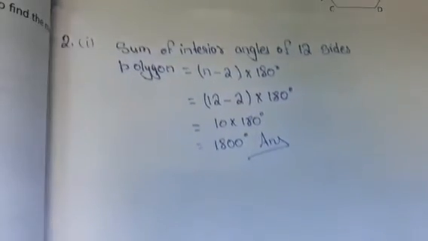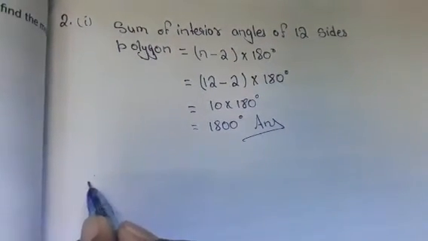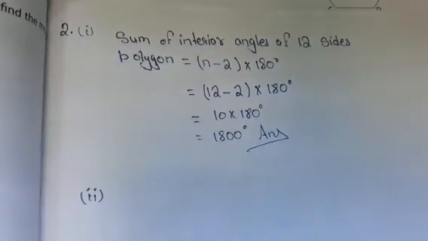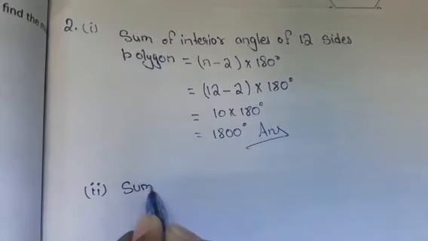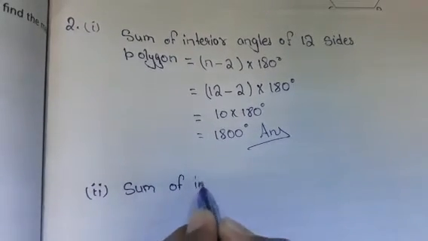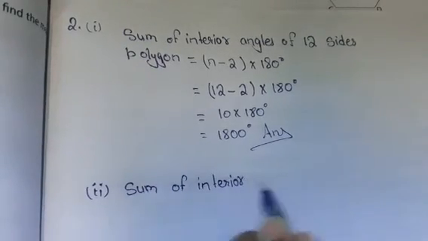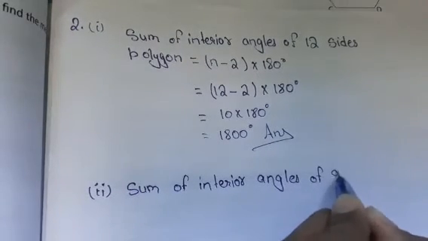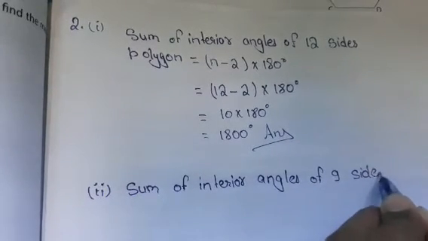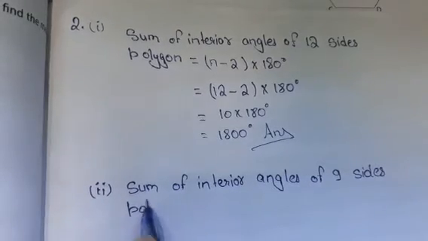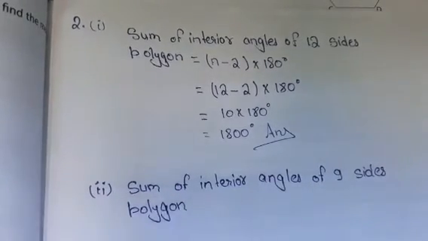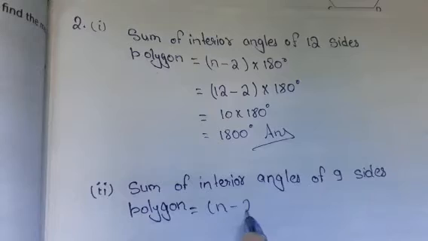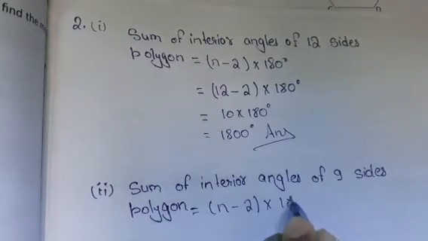Now comes the second question. How many sides? 9 sides. So here also we write the same: sum of interior angles of a 9 sides polygon is equal to, now put the formula again, n minus 2 into 180 degrees.